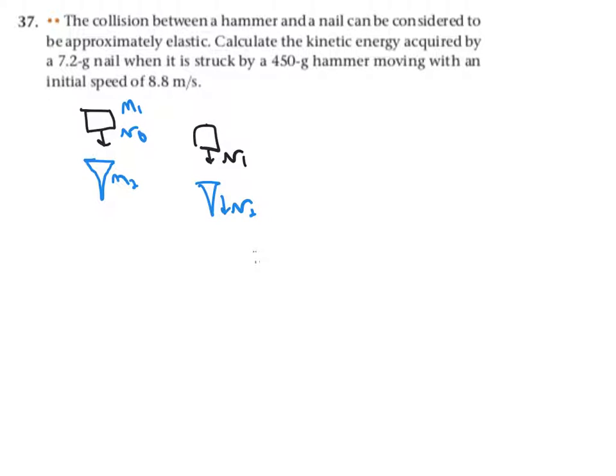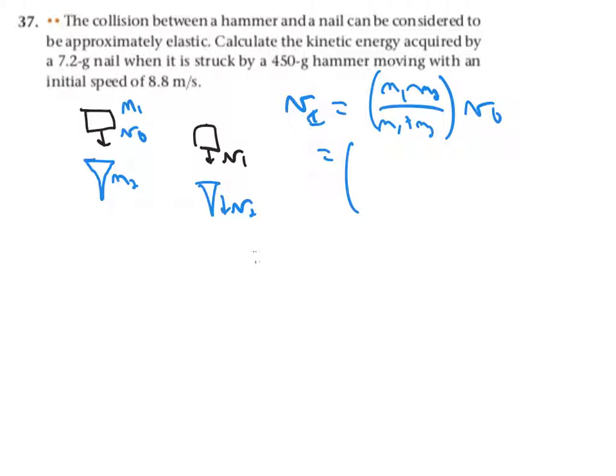These are just to accord with the setup from the formula in the book, which tells us that the final velocity is going to be the difference in masses, so m1 minus m2 over their sum, m1 plus m2, times the initial speed coming in.